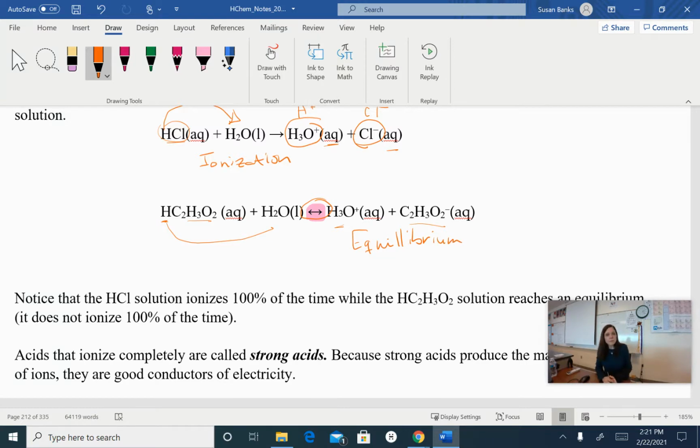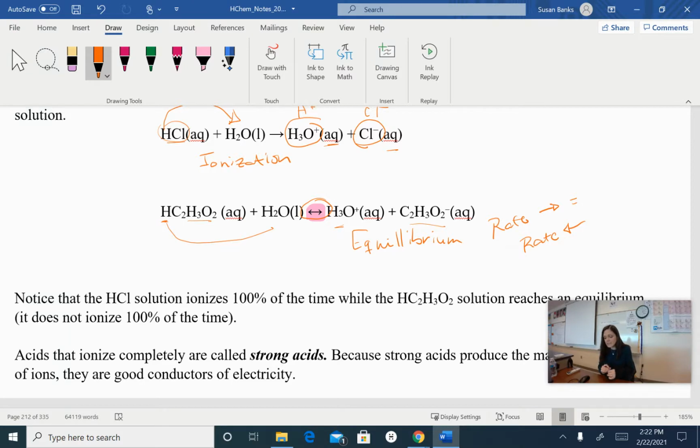Now, remember from our discussion before that an equilibrium is a reaction that can go forward and backward, and eventually the rate of the forward reaction is equal to the rate of the reverse reaction. So that's what happens when we have an equilibrium.